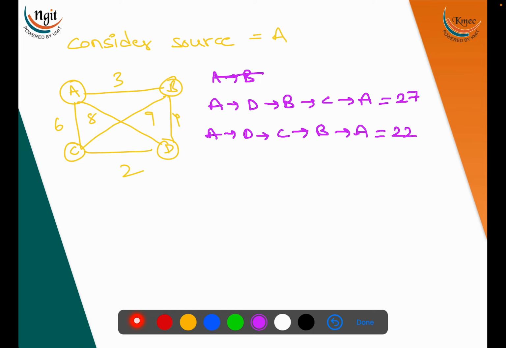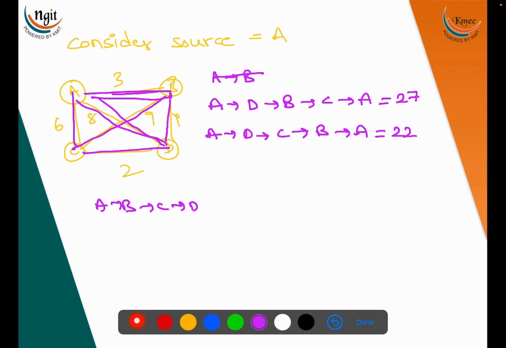Now the thing is, how many permutations did we get in total? Earlier we took A to B, B to C, C to D, D to A. That is 1 permutation. The second is A to B and B to D, D to C and C to A. That is the other one.